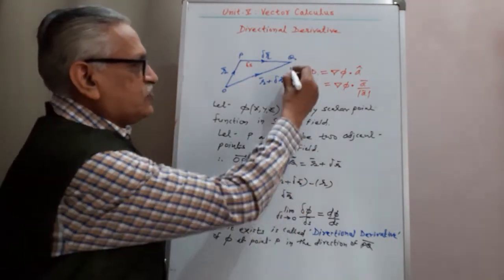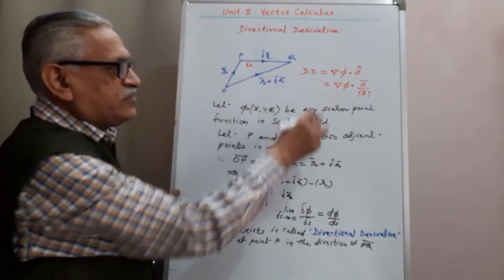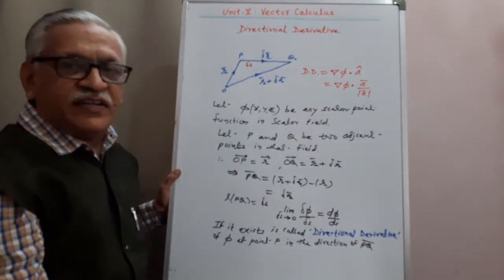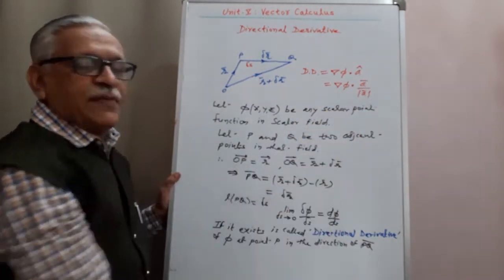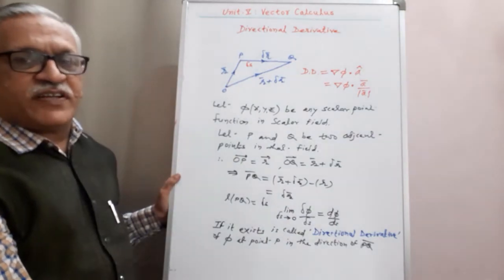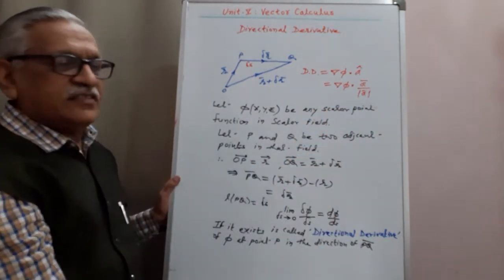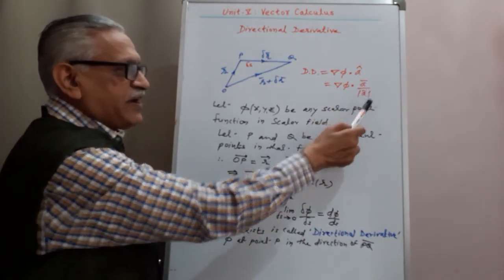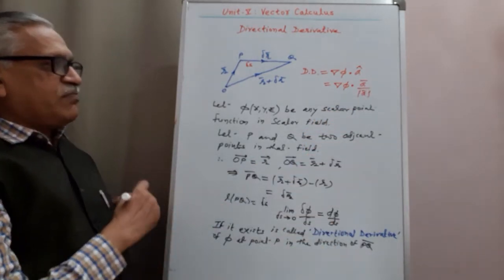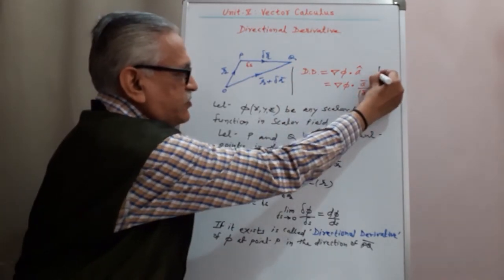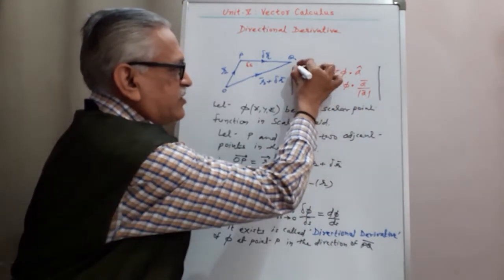The formula to obtain it is grad phi dot a cap, where a cap is the unit vector along vector A, which is that vector divided by its magnitude. By this formula we can determine the directional derivative of any scalar point function.